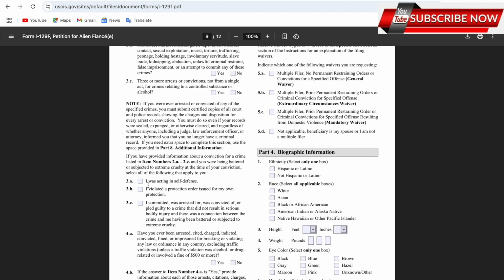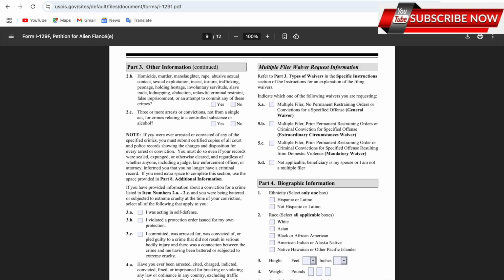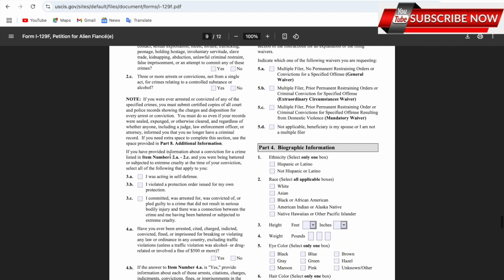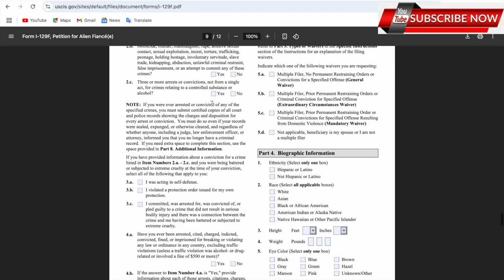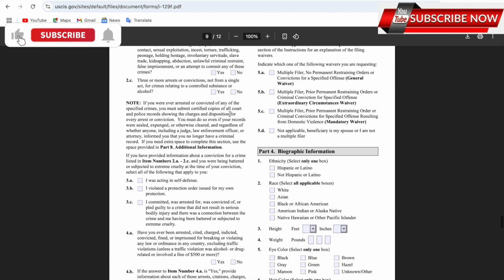You come here to 3A. It says if you were ever arrested or convicted of any of the specific crimes. If you have been arrested for a crime before, you put it over here.